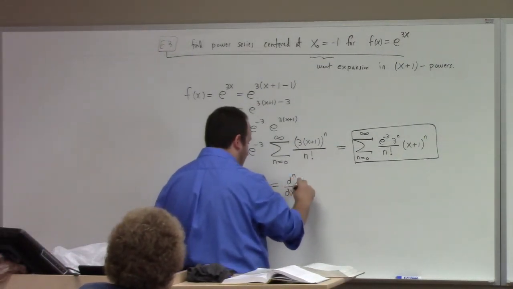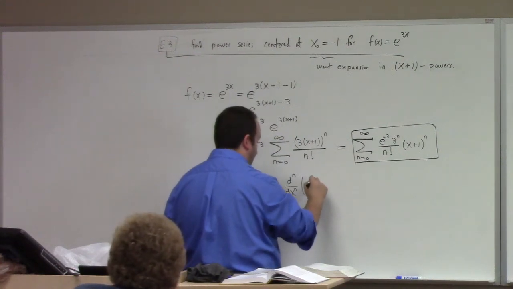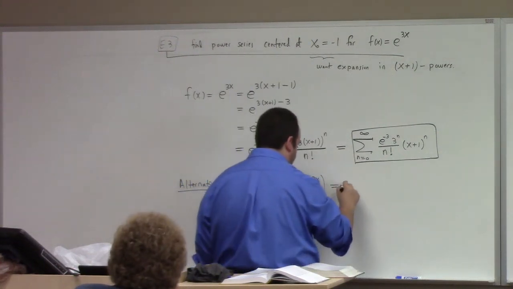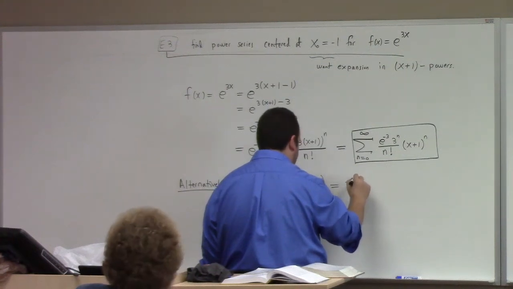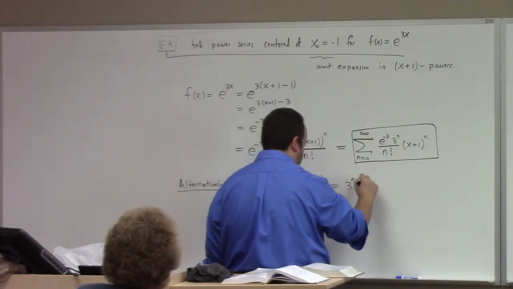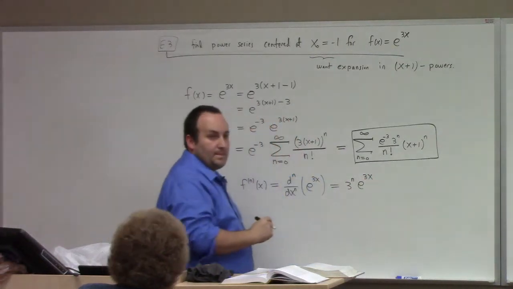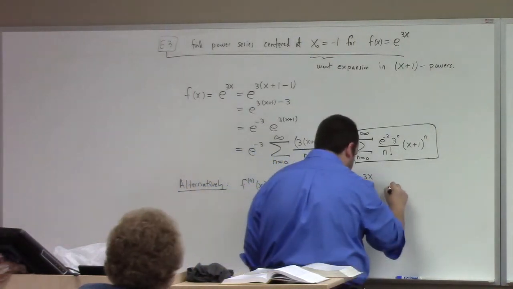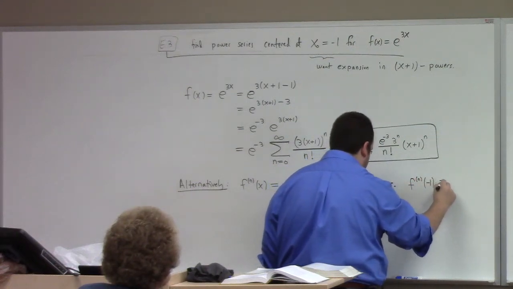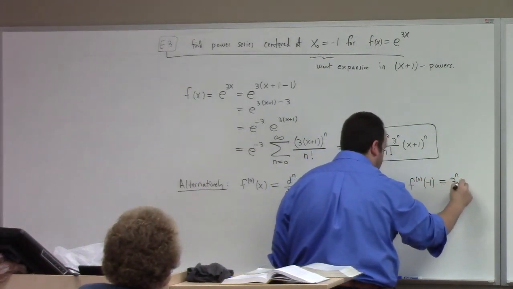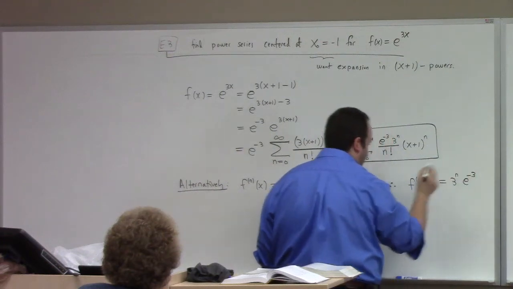You could actually do that without too much work, right? Almost, heart's in the right place. One more n. Yeah, 3 to the n times e to the 3x, right? So therefore, the nth derivative evaluated at minus 1 is 3 to the n times e to the minus 3.